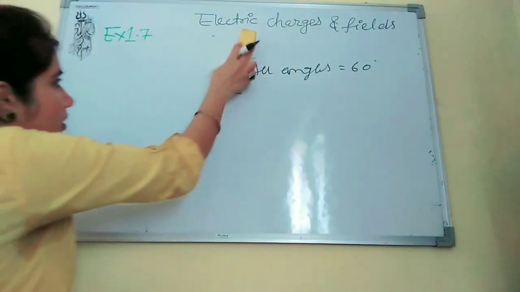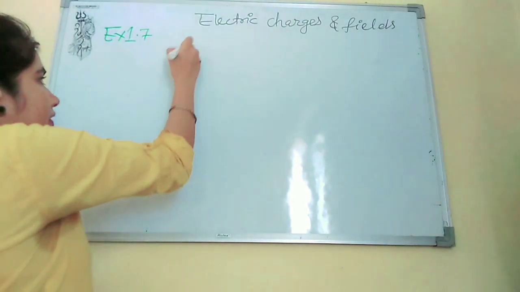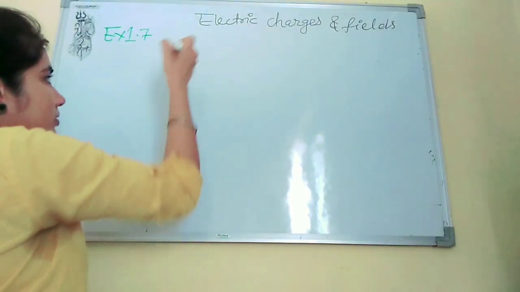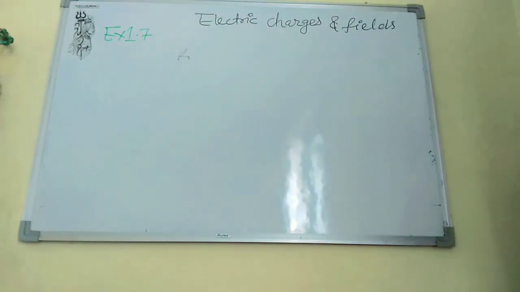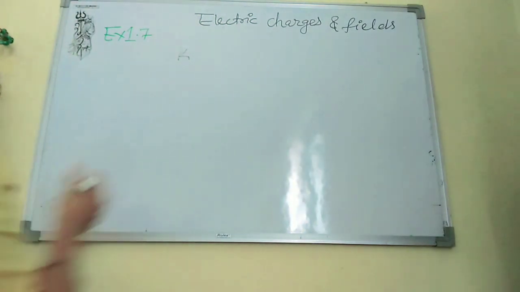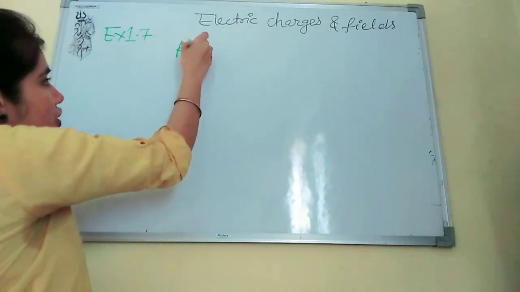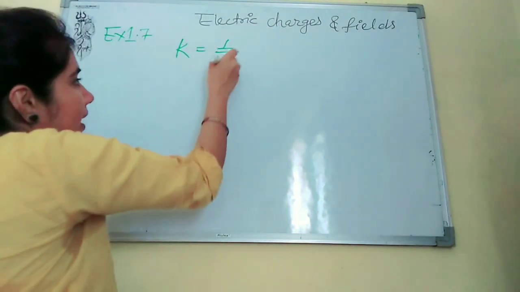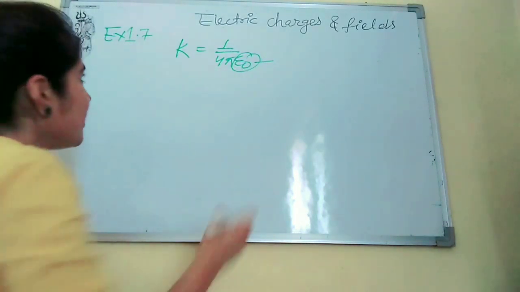When we open the expression of K, we write this. The marker is again not working, let me change it. The expression of K is 1 by 4 pi epsilon naught, where epsilon naught is the permittivity.